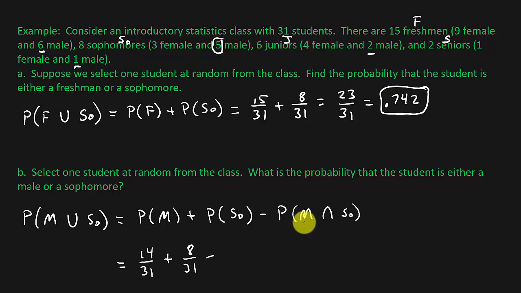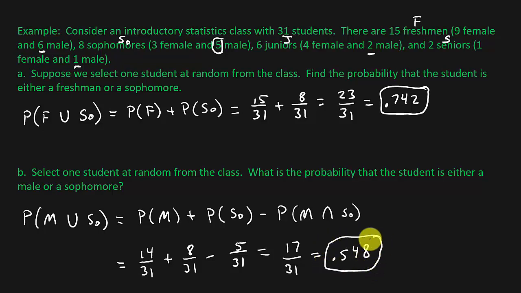So what's the probability male and sophomore? Well, how many sophomore males are there? Well, there's 5 of them. So we have to subtract off 5 over 31. And that is equal to 17 over 31, which is equal to 0.548.